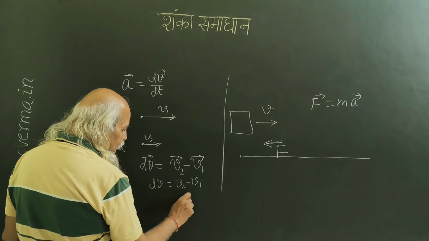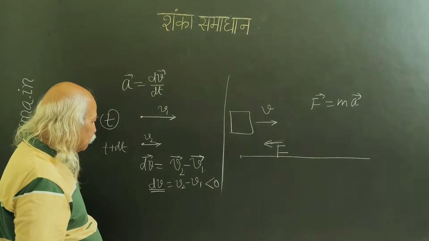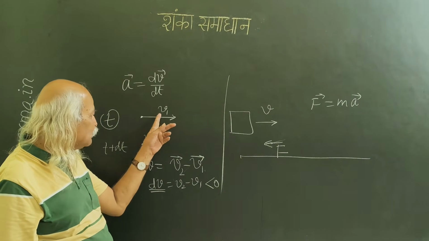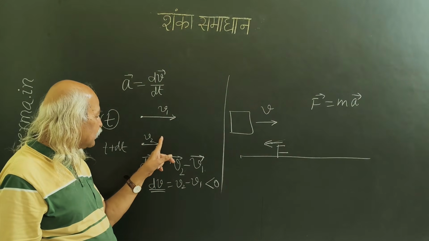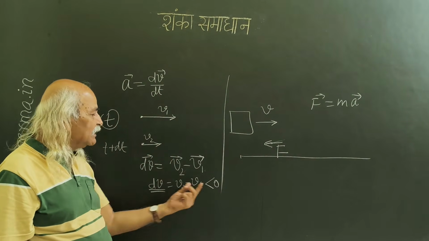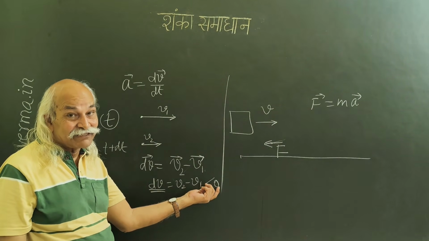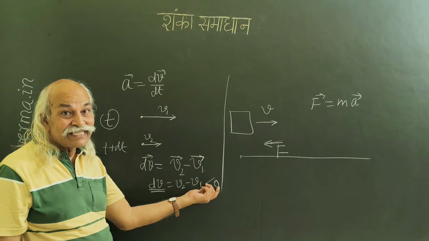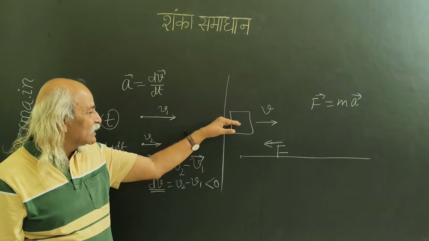So dv is negative. V is positive. Velocity is in the positive direction. But change in velocity is in the negative direction. I am taking everything along the x-axis or forward direction.